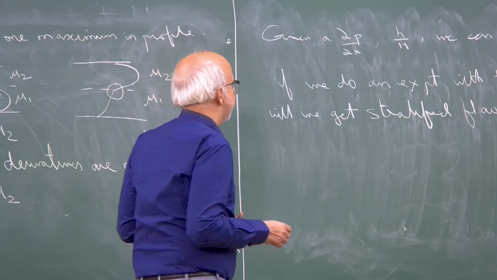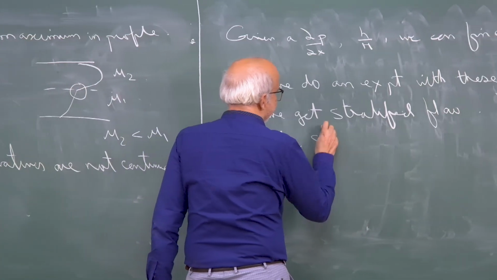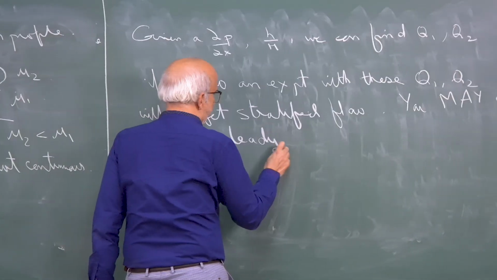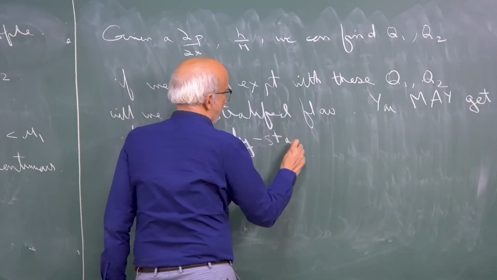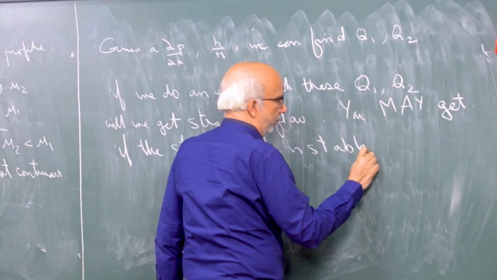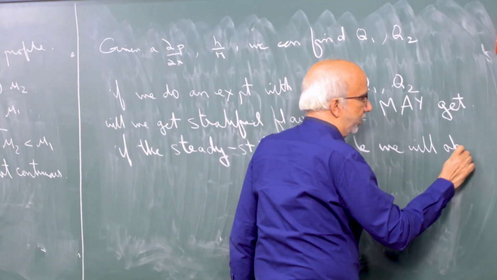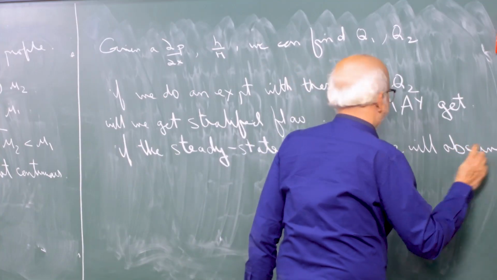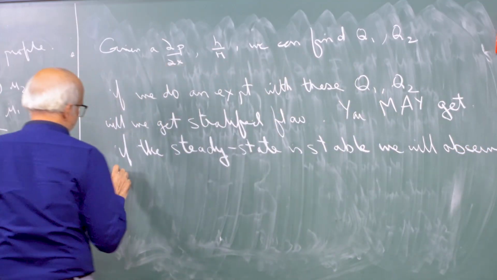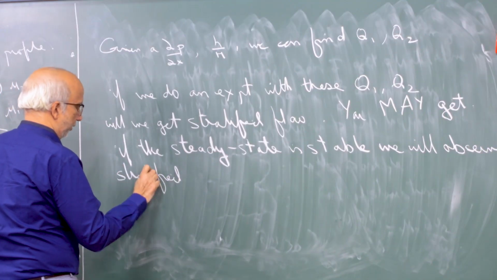So the idea is, if the steady state is stable, we will observe stratified flow.